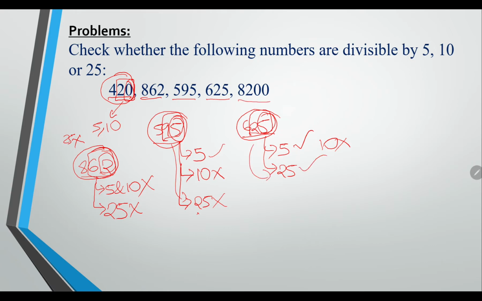Let's consider 8200. Since its unit digit is 0, it's divisible by 5 and 10 as well. And in this number, the last two digits are 0, so as per the divisibility rule of 25, 8200 is also divisible by 25.